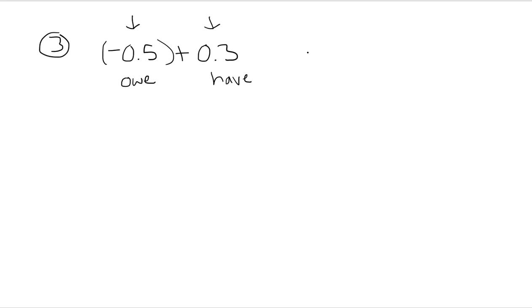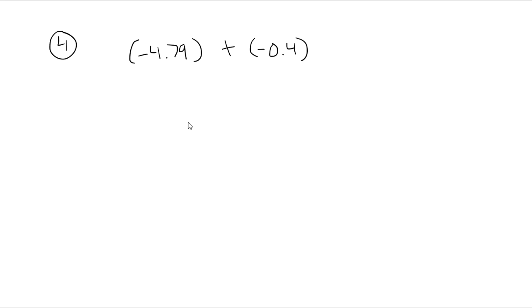So when we combine these, we're still going to owe, and to figure out how much, you take the 0.5 and you subtract the 0.3, and the decimal comes straight down, and that would give you negative 0.2.